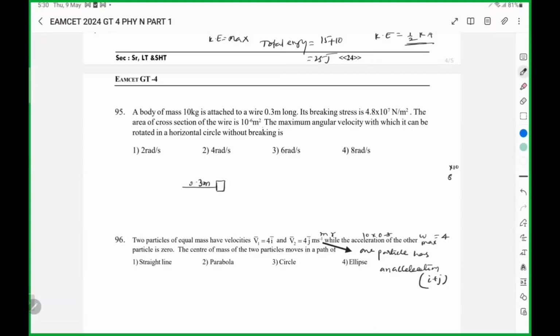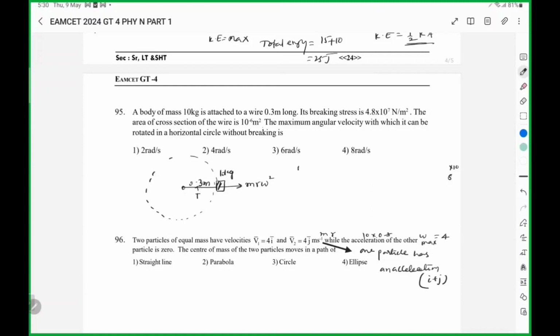A mass is attached to a wire of length 0.3 meter, which has mass 10 kg. The area of cross section is given. The maximum angular velocity with which it can be rotated so that the wire cannot be broken. So here centrifugal force acts on this, and tension will be towards the center.